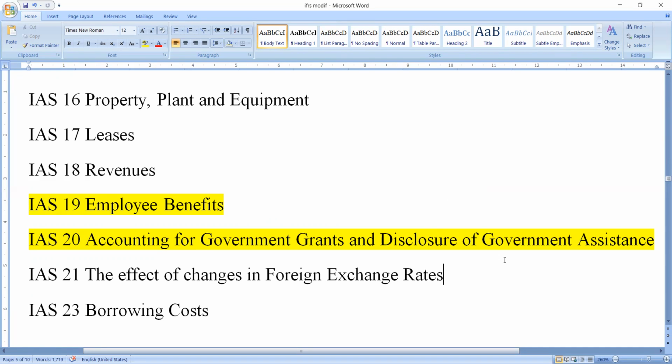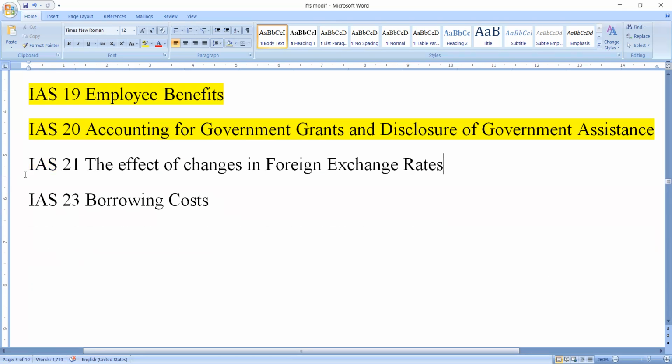So in the books of accounts we are disclosing the right information on the purpose for which we are utilizing these government funds, whether given by the state or by the central government. That is what we call government assistance. Government assistance is nothing but a support given by the government. All these guidelines, rules and regulations are prescribed in International Accounting Standard 20.